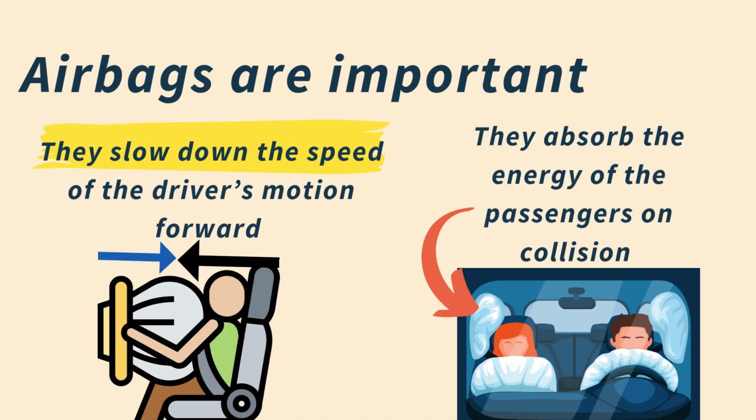Also, they absorb the energy of the driver and the passengers. So for these two reasons, airbags are important. They slow down the speed of the driver's motion forward, and also they absorb, they take in this energy from the driver and passengers. Okay, so don't forget those two reasons why the airbags are important.